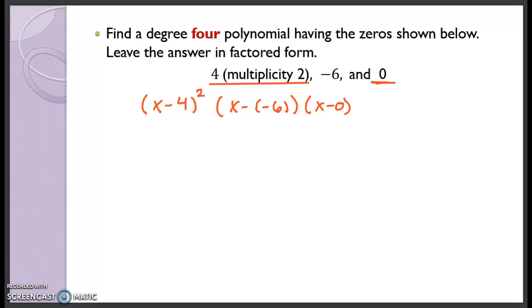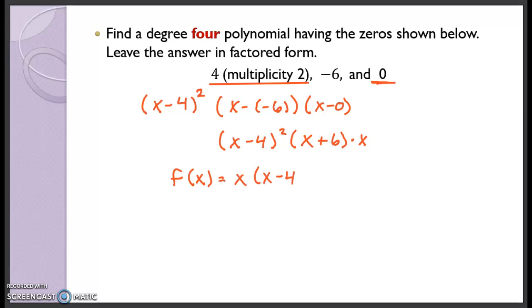Okay, so when we multiply this all together, it's going to be x minus 4 squared, x plus 6, times x. This one says to leave it in factored form, which is nice. Now typically we can rearrange some terms, and we have our x first.